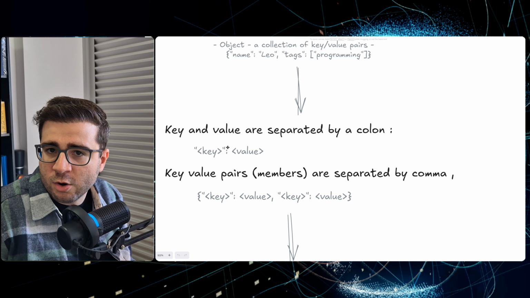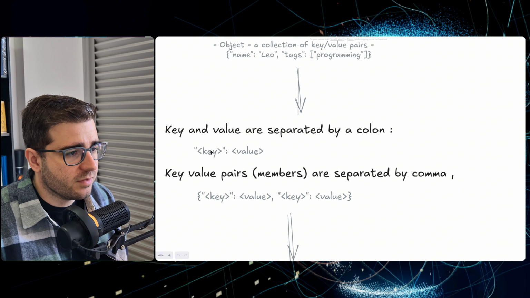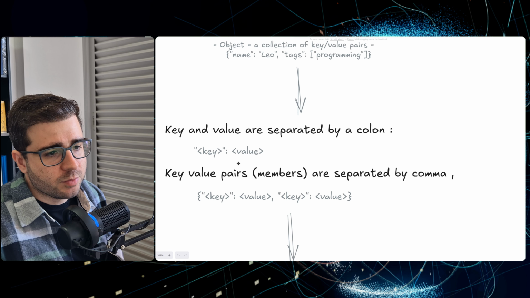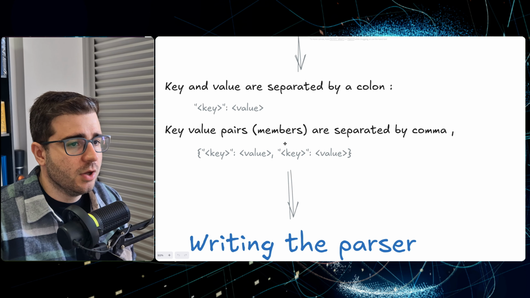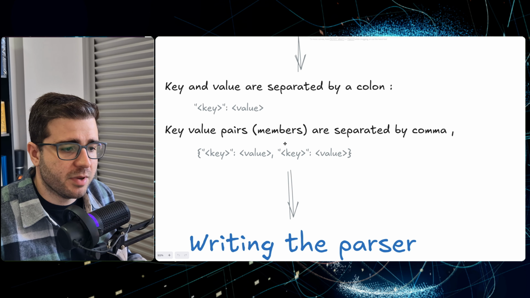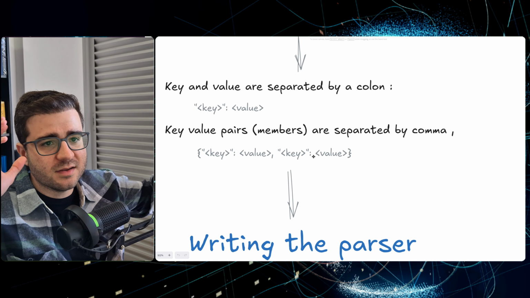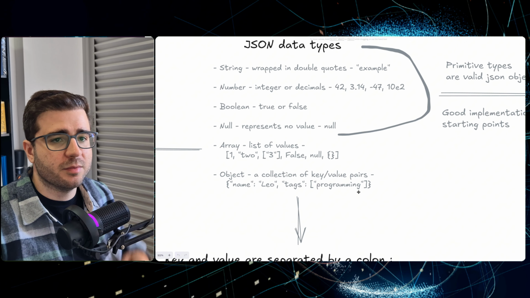Also, the keys are always strings, so they are encapsulated with the quote symbol over here. And we also can have multiple key-value pairs, so we have the comma that is used to separate the different members of that object. So with all those ideas in mind, we have a good starting point to start implementing it.